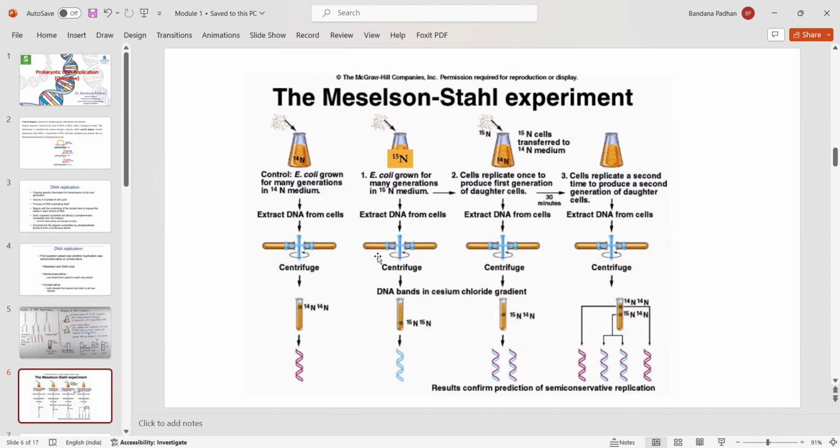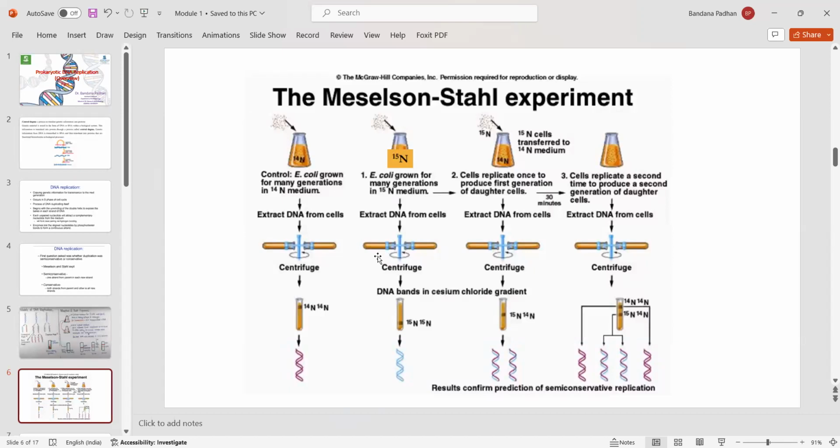After centrifugation, they found a lighter band, because the nitrogen is N14.